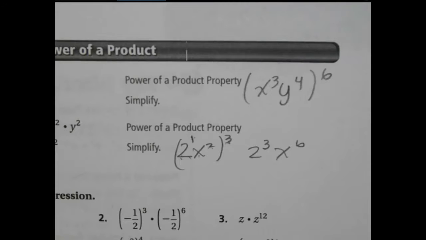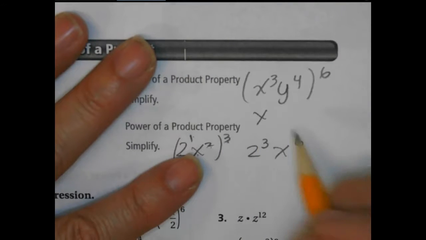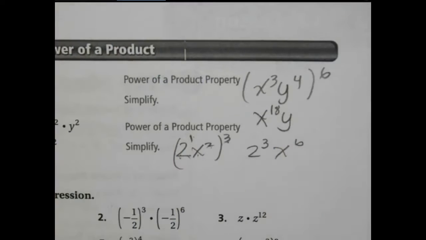Do I have to use that 6 with that x cubed? What am I going to multiply? 6 and 3, that becomes x to the what? X to the 18th. What about my y? 4 times 6 is?